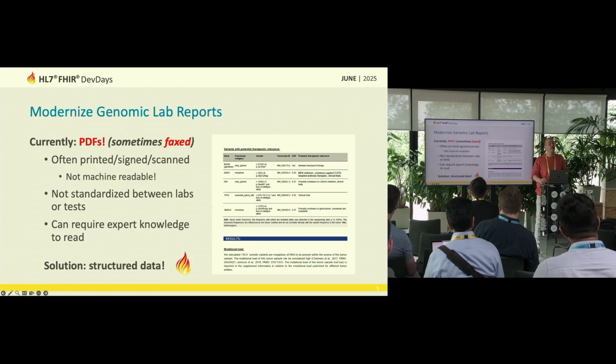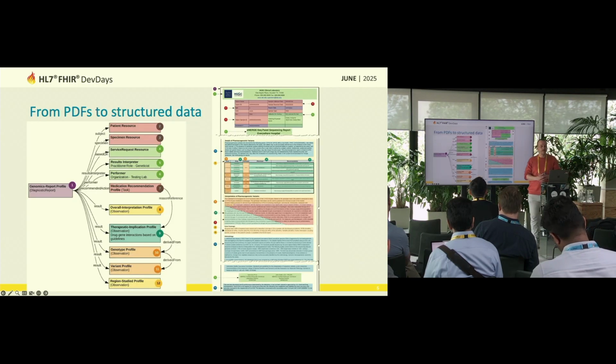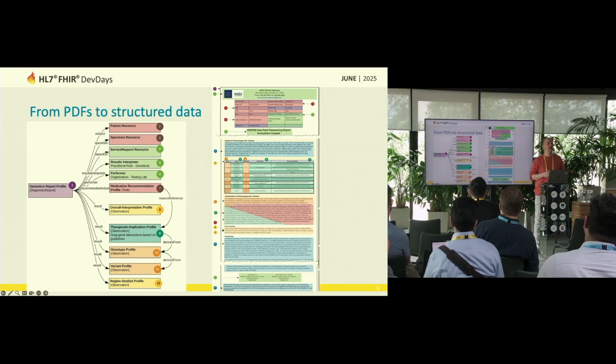But the solution, or what you have to do before you can do nice machine-aided decision support, you have to have structured data. So that's why the genomic working group started to have a look at what's out there on the PDF, which information is on PDFs, and this graph is from the eMERGE project, which was a very nice project.